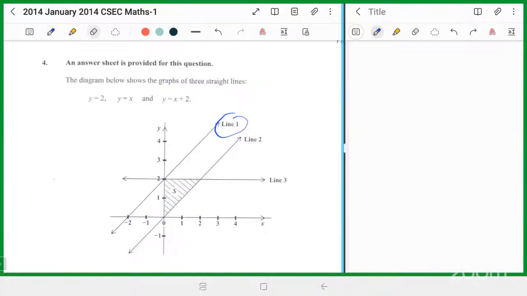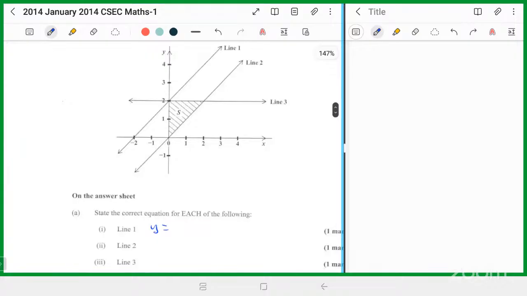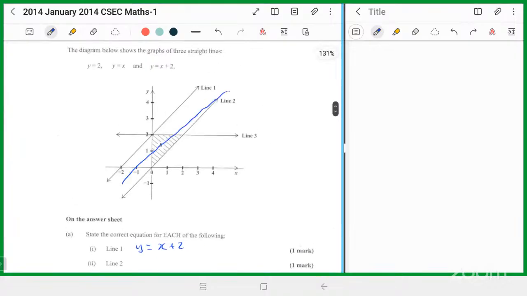Alright? So line 1 is this one, y equals x plus 2. Then line 2 is the line y equals x, this one. See, it passes through the origin and passes through the point 2, 2 right here.